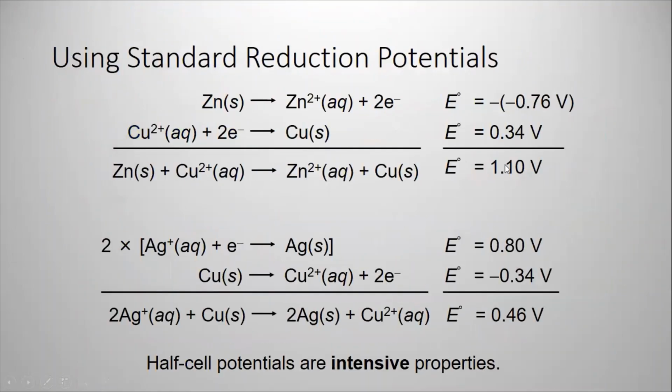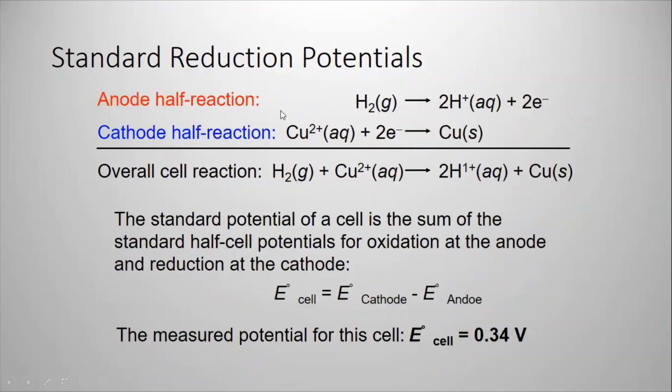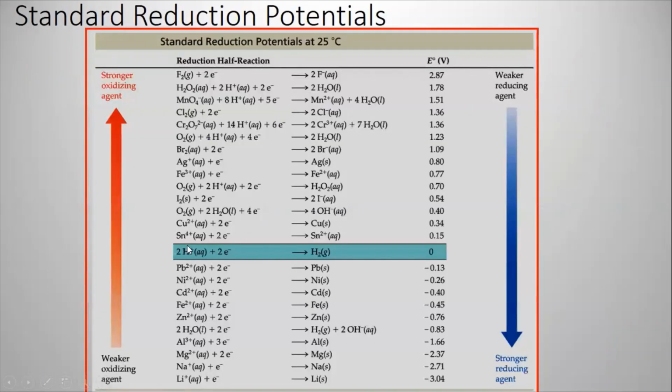So here are different examples. Zinc and copper. How are we going to measure the cell potential for zinc and copper? Let's go back to the table. Where is copper? Here is copper, positive 0.34. Where is zinc? Here is zinc, negative 0.76. Cathode minus anode.